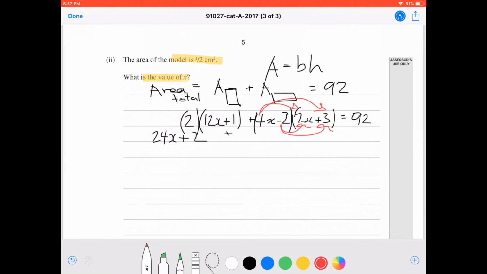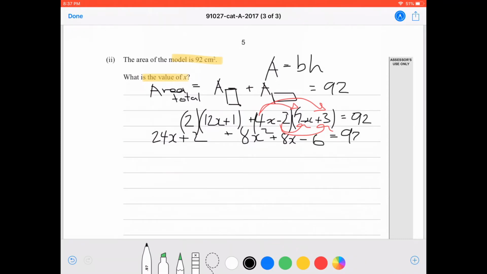Okay, we've got 8x squared plus 12x minus 4x is 8x and minus 6, and that equals 92.